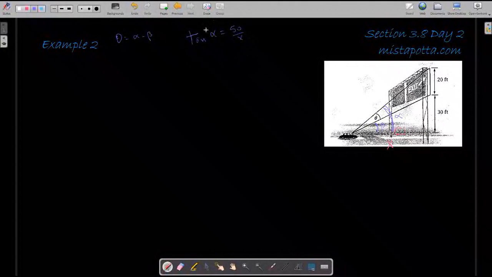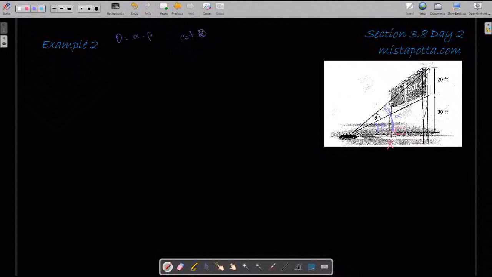But dealing with this function with x in the denominator is going to make taking derivatives very ugly. So what I want to do is think of this as a cotangent relationship.